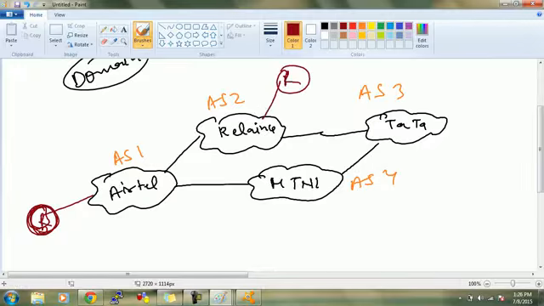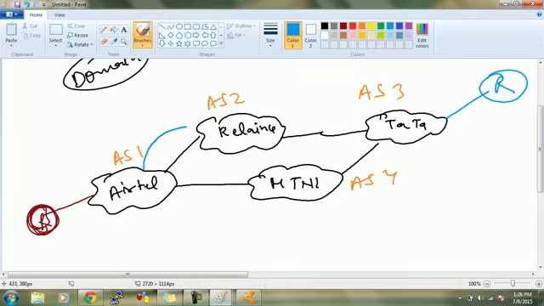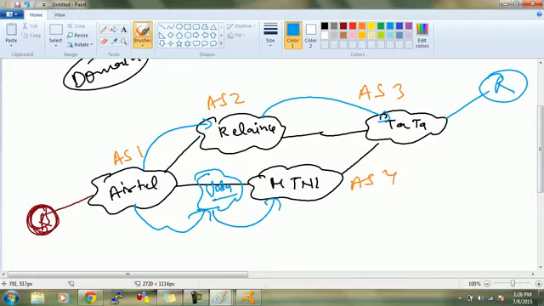He wants to reach Tata. So how many AS's does he have to cross? One AS. Just think like there is one more in between. Let's say Vodafone. So in this case, how many AS's does he have to cross? Two. In this case, only one.